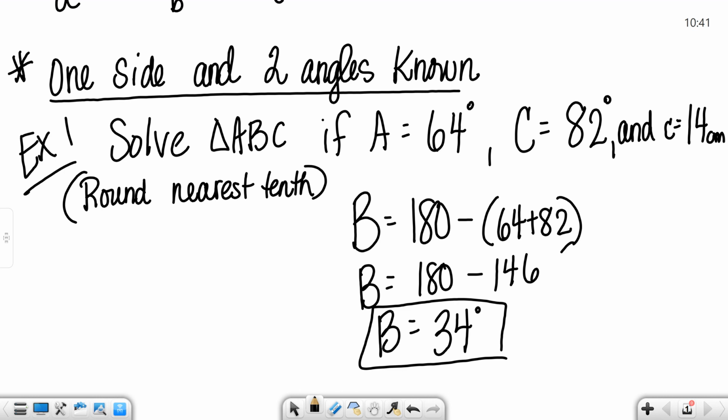Now we also need to find little a and little b. Okay, we found big B. We need to find little a and little b. So those represent sides. All right. So now I'm going to go to the law of sines. Now, when you start using law of sines, use known information first.